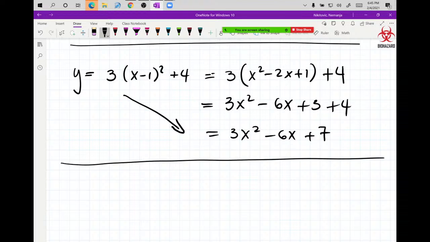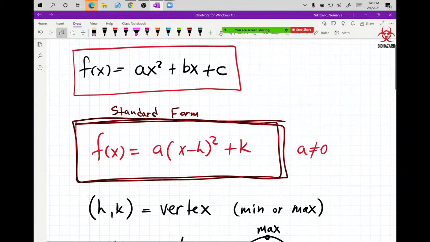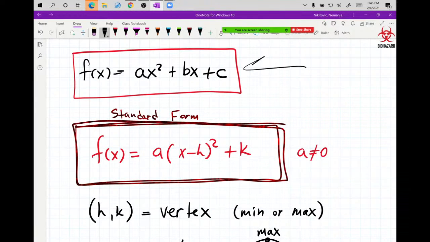Aren't they both considered standard in one way? Well, this one is called standard form, right? This one doesn't really have a name. We call it a quadratic function, right? But I like to call it ABC form because it really pinpoints what I mean. If I say quadratic functions, they're both quadratic functions. This one is called standard form, and it should be somewhere in a book as well.